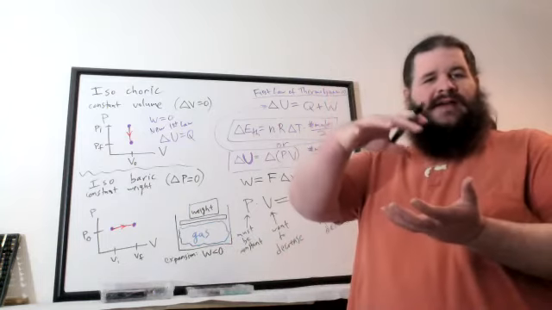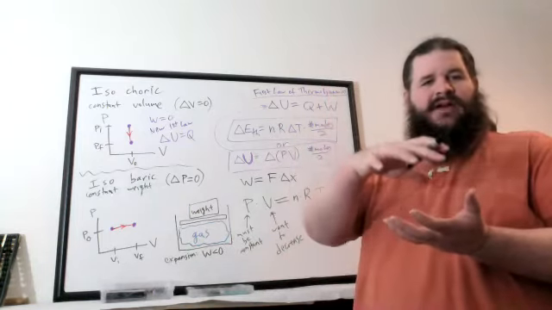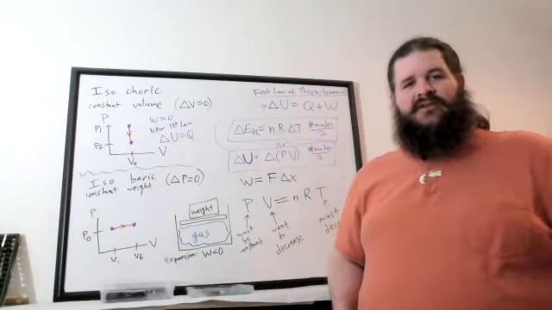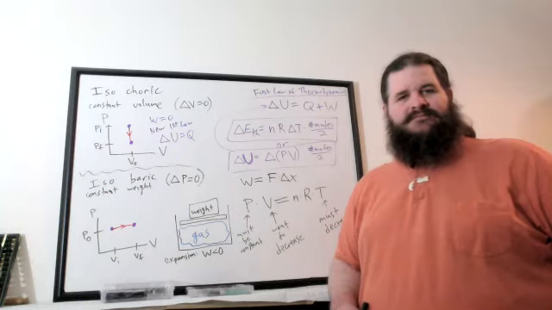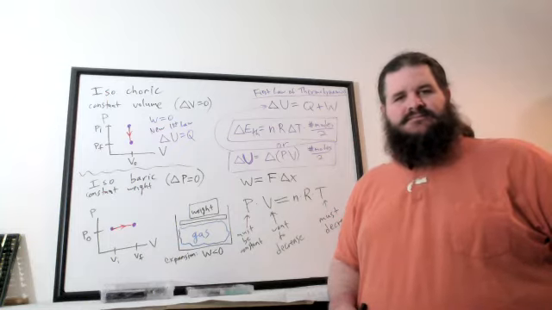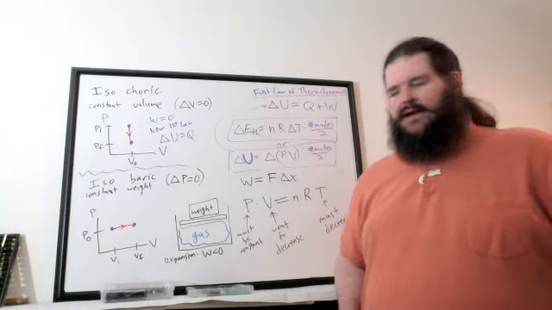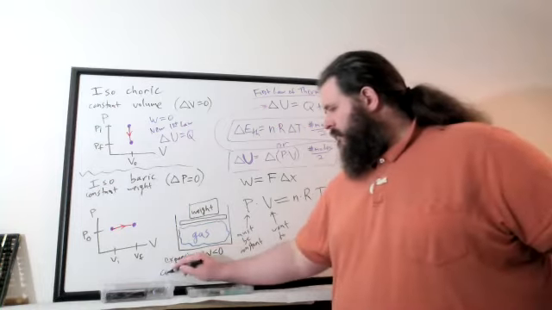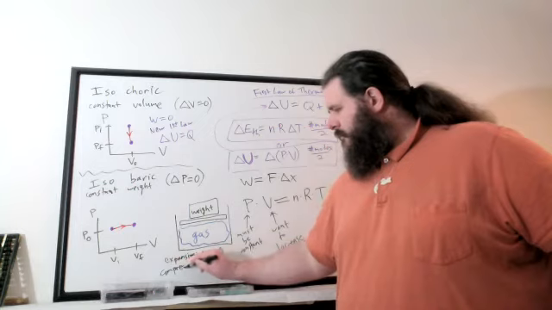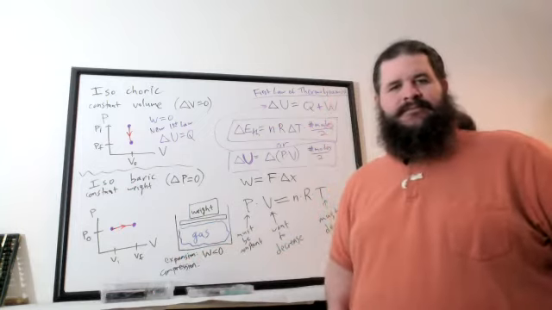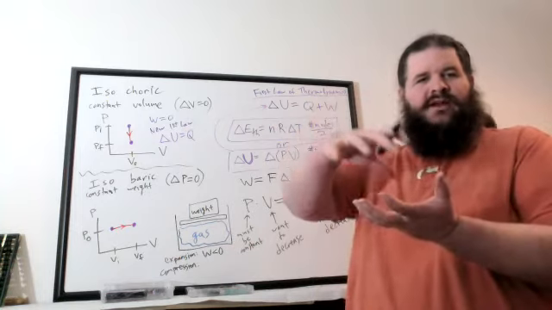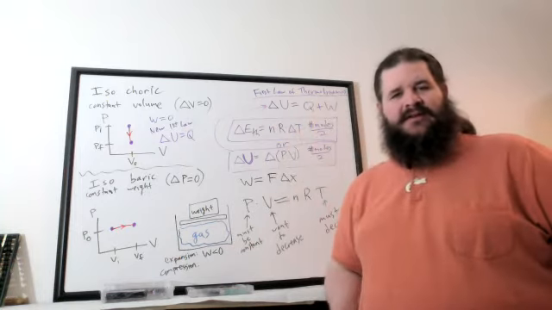On the other hand, if the gas is compressing, if the gas is shrinking into a smaller and smaller space, what's happening to the piston? If you allow the gas to shrink, what happens to the potential energy of the piston?